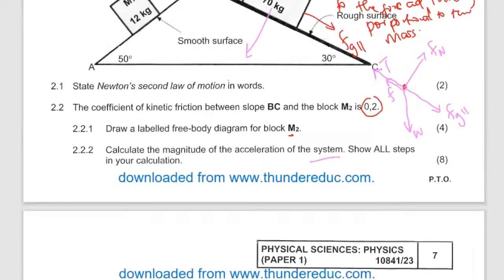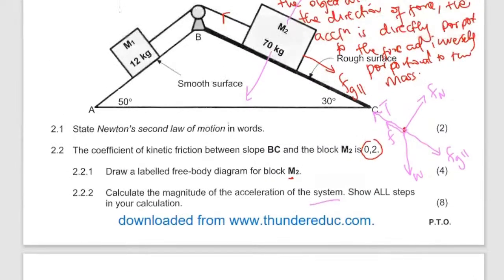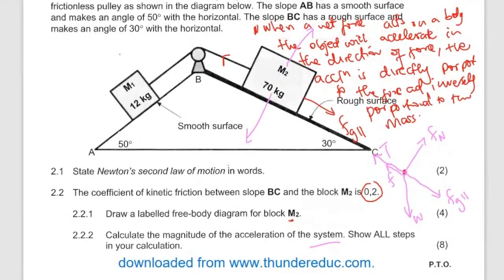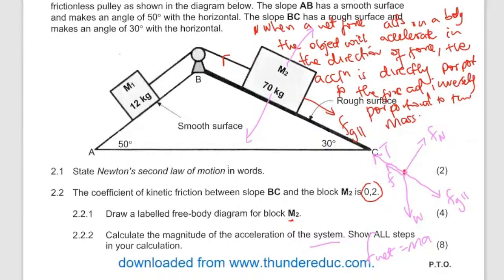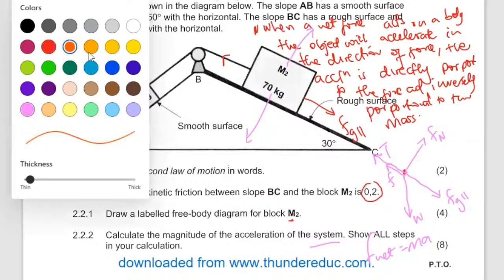Okay, so for us to get the acceleration of the system, either we look at the two combined at once, which will give us an option of eliminating the tension, or we just use the second law of motion, F net is equal to MA, so that we can get our net force and then the acceleration in return.